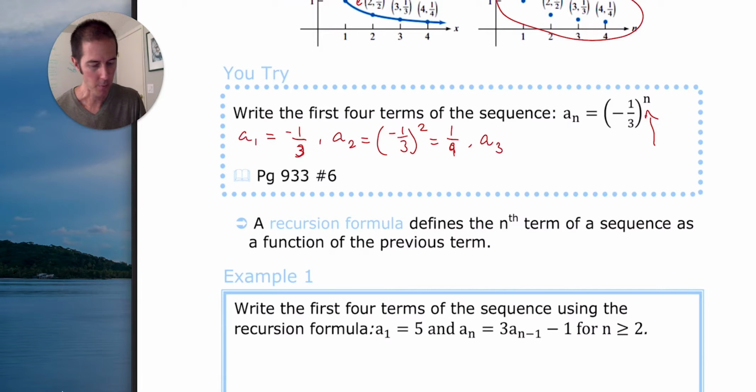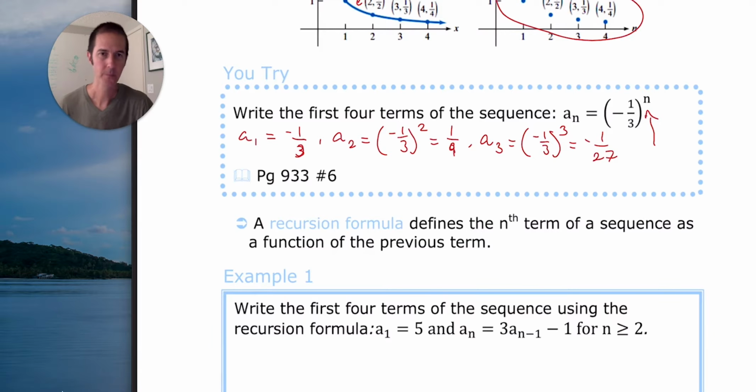A sub 3 is negative 1/3 to the third power, which is negative 1/27. And a sub 4, taking a negative number like negative 1/3 and raising it to an even power, the 4th power, would equal positive 1/81. I will let you write that into your own notes.